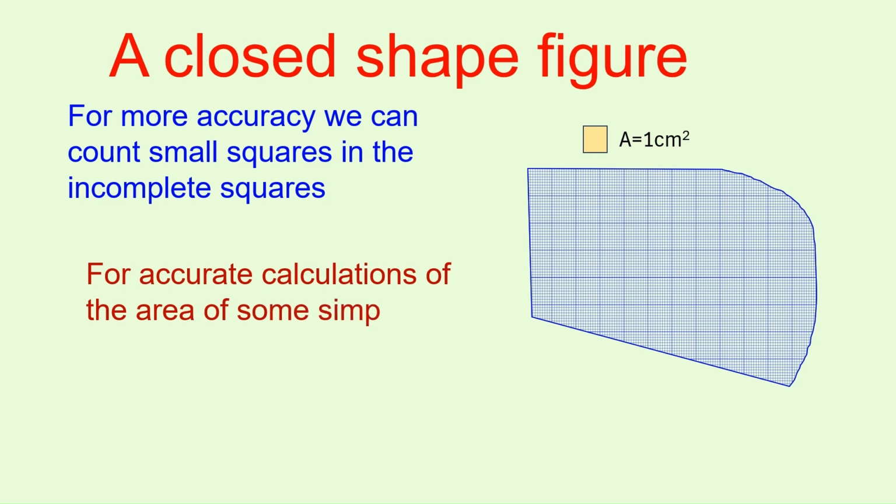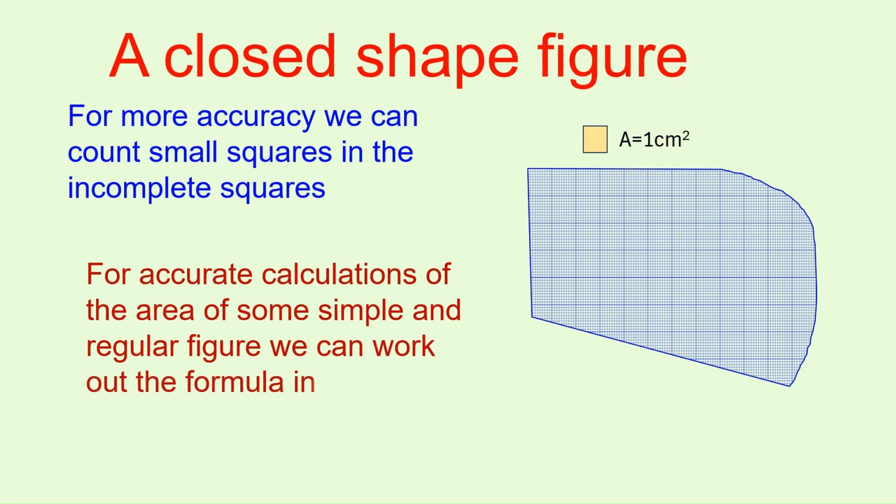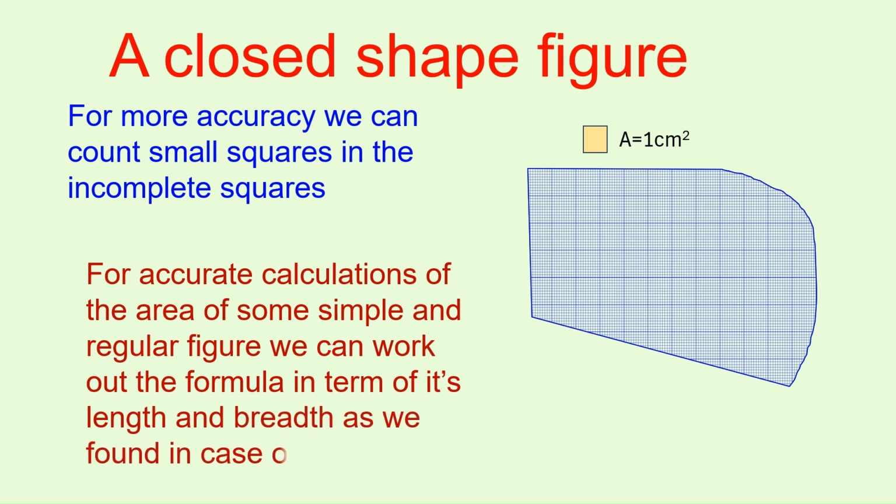For accurate calculations of the area of some simple and regular figures, we can work out the formula in terms of its length and breadth, as we could find in the case of the rectangle.